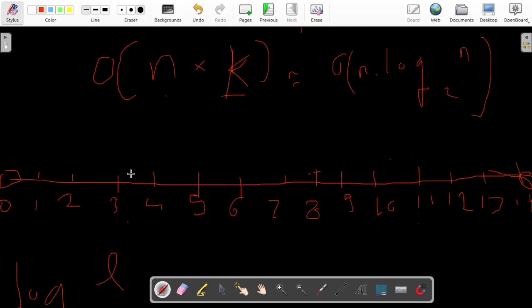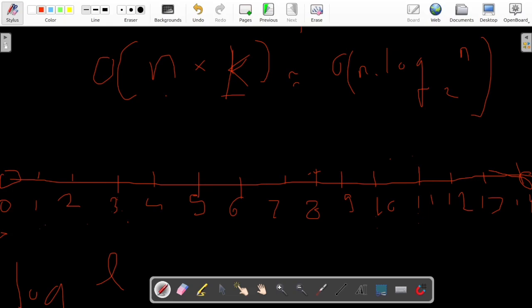Now let me show this with the help of a diagram. Let's say in the worst case our length is 14 or 15. Okay, this is a 15-length array. Our n is 15. Now, if you start from zero, of course, from zero we will get the most number of segments.